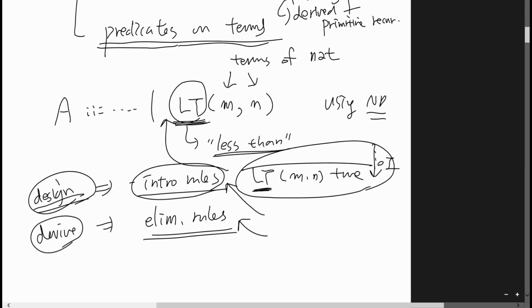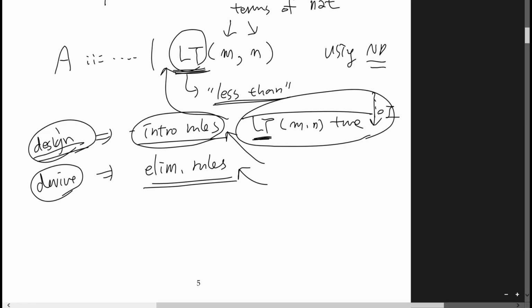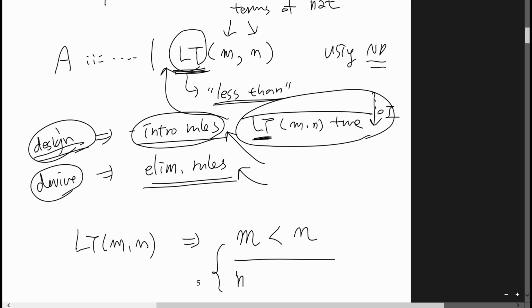So let's do this. But I'd like to simplify the notation. So instead of LT m n, let me just write m less than n. So this is a new form of a predicate. And here we assume m and n belong to data type nat.